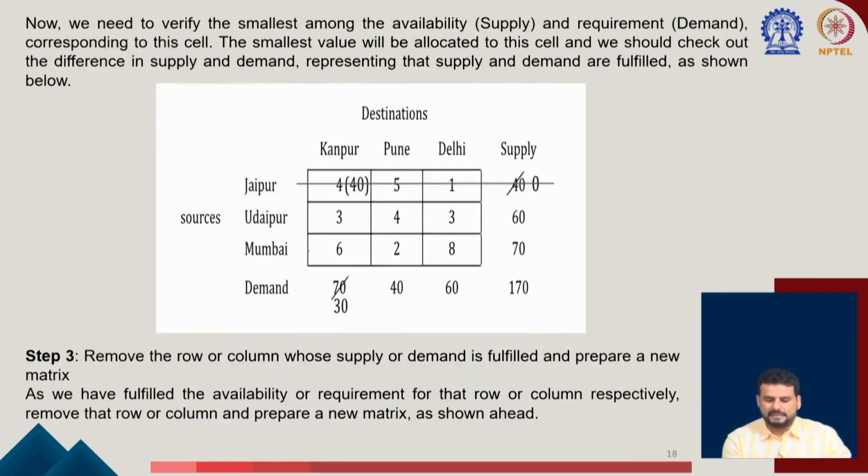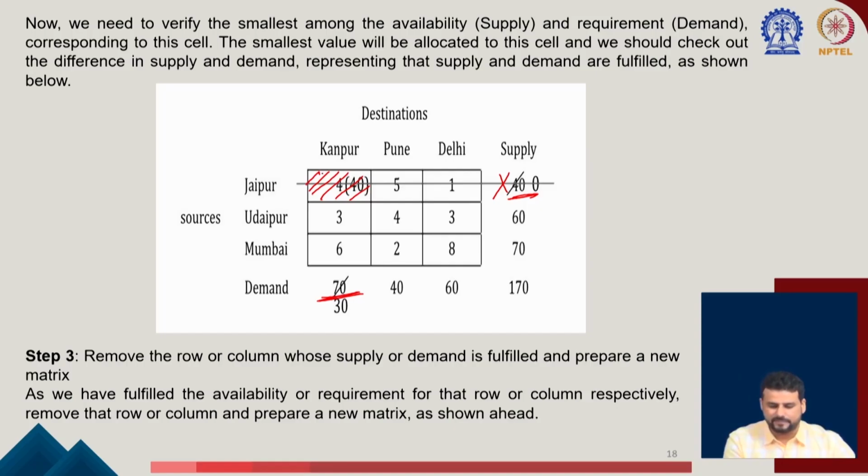Now you can see in this matrix, just forget about these lines. In this matrix, which one is the northwest corner? This one is the northwest corner, right. Now for this cell I will find out what is the supply. Supply is 40. What is the demand? Demand is 70. So how much can I maximum allocate in this cell?